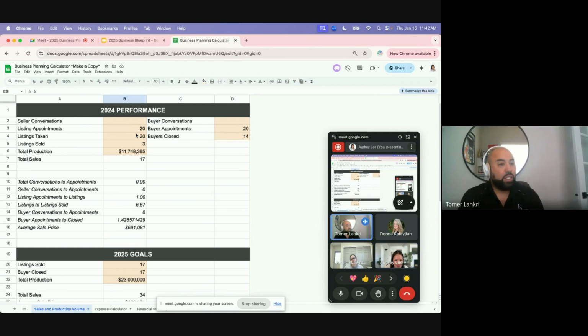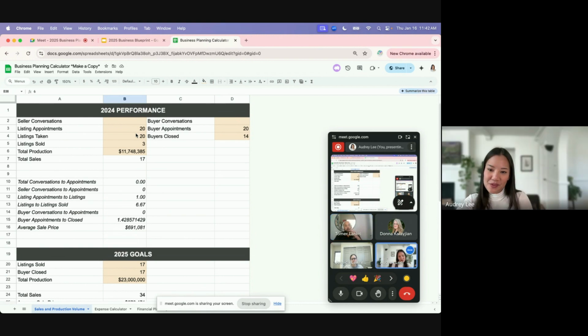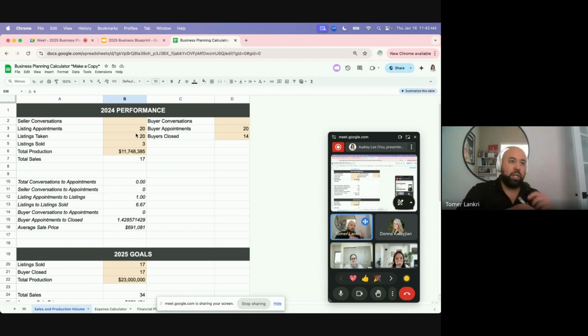Again, those listings were earned through referrals and existing clients. Got it. Most were existing clients or referrals, and when it's so direct like that, you don't really have to convert. Yes, of course, you have to prove yourself, but at the end of the day, there's not a lot of conversion there.